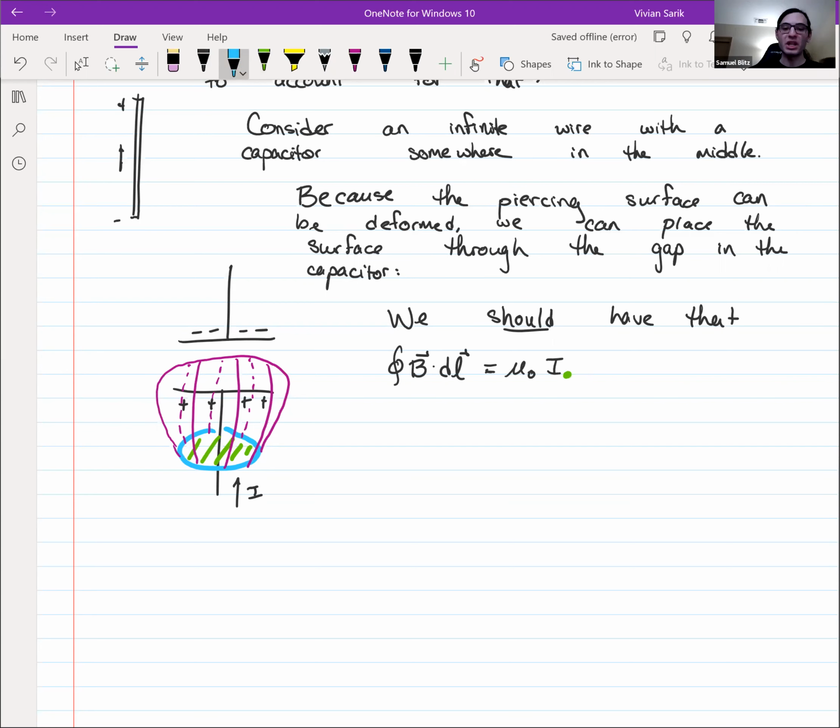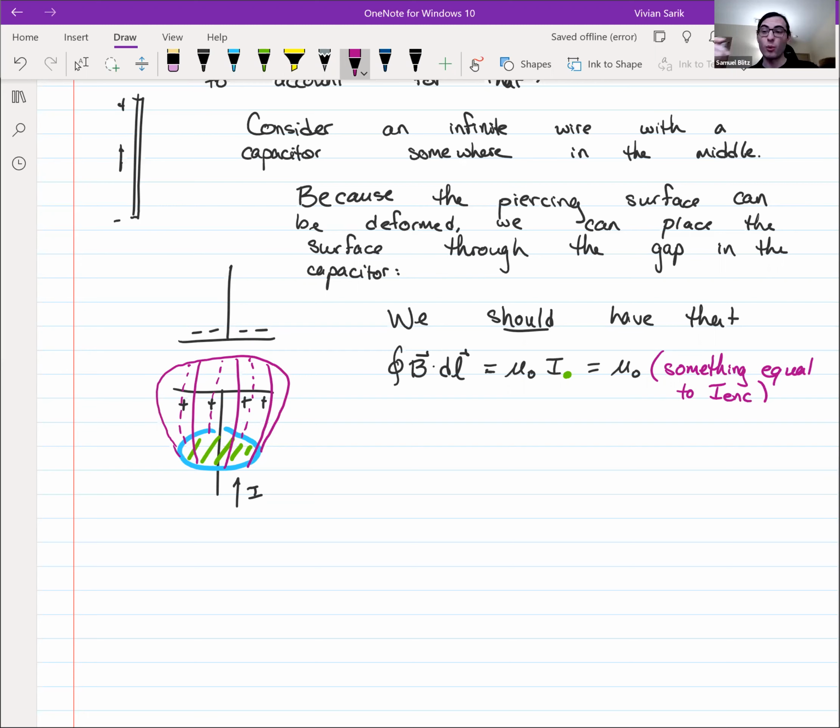But that should also be equal to mu naught times something equal to I enclosed that doesn't depend on actual current flowing through it, right? Because there is no current flowing through that surface.